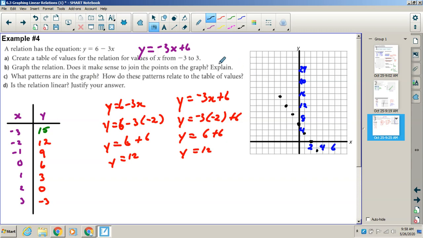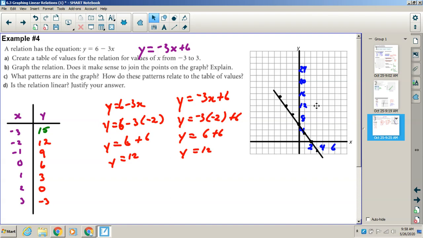All right, would you join the points? Well, I can have x values in between each of those, so absolutely yes, this is continuous data. I would take my line, and I could join those points, and I have my linear relation.